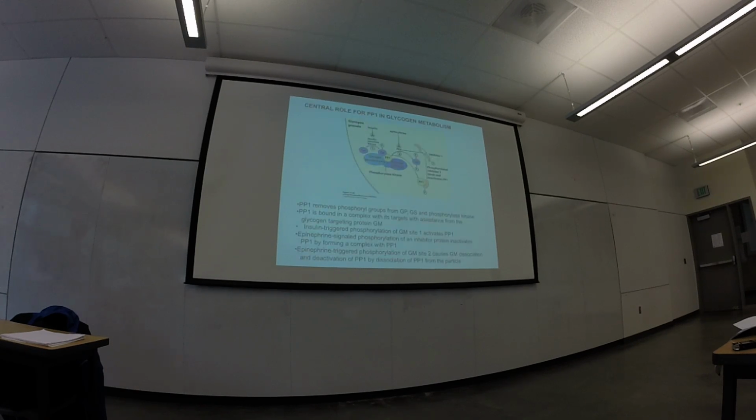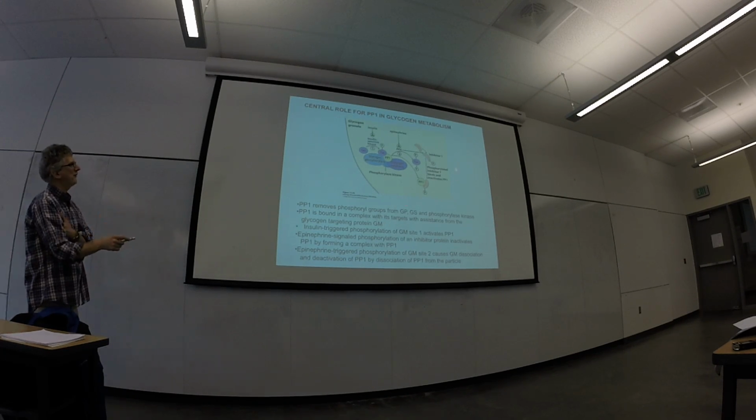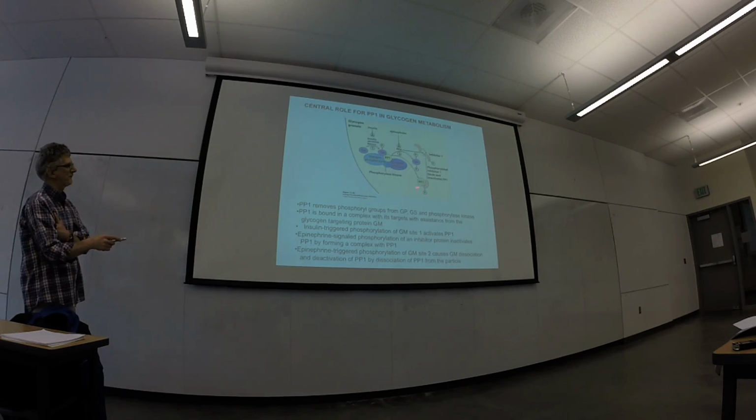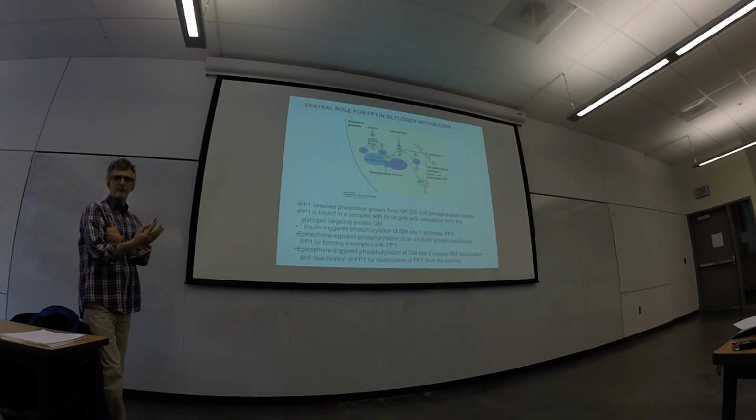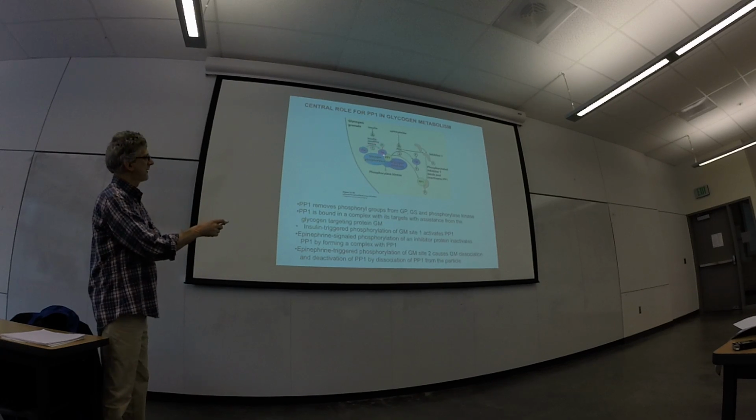Which takes us to this slide, where we are associated with a glycogen granule here. And we have insulin coming in, right? And a protein that's triggered by insulin is called insulin-sensitive kinase. This is a different one than one we've talked about so far.